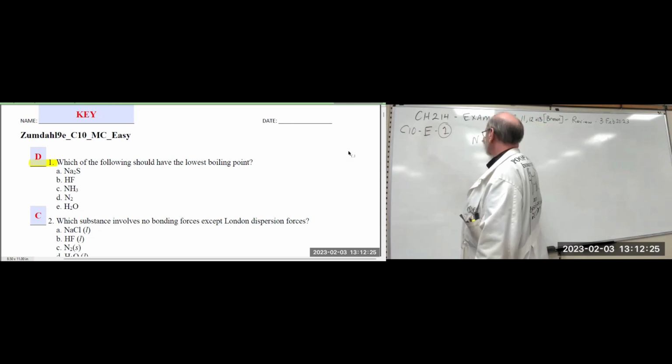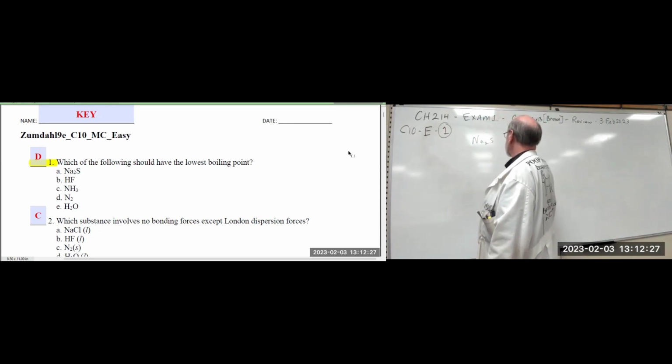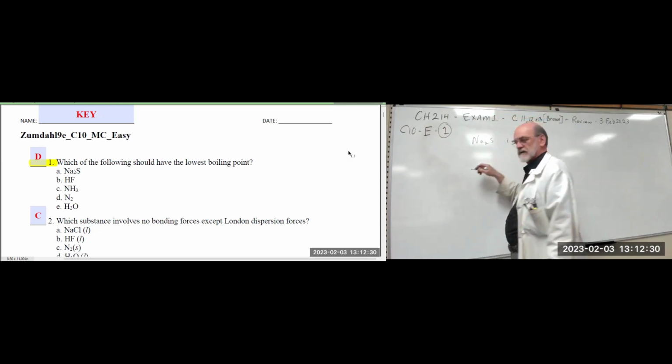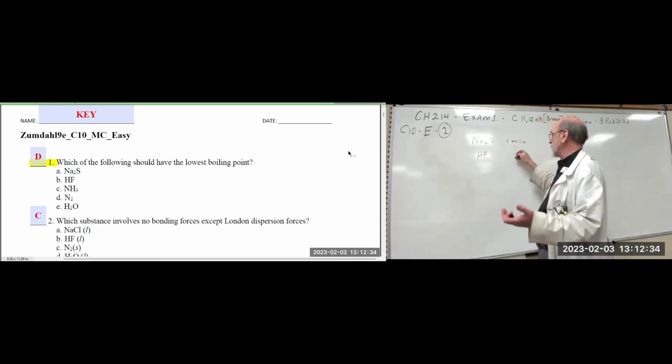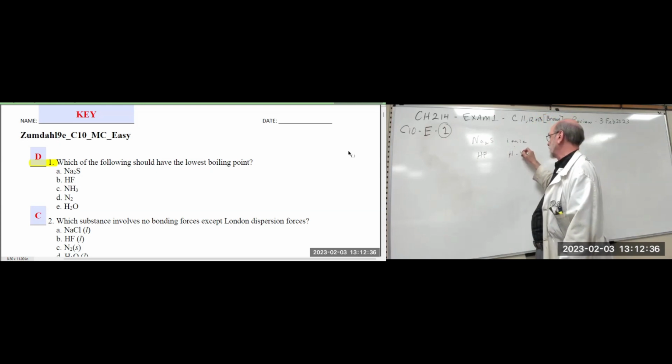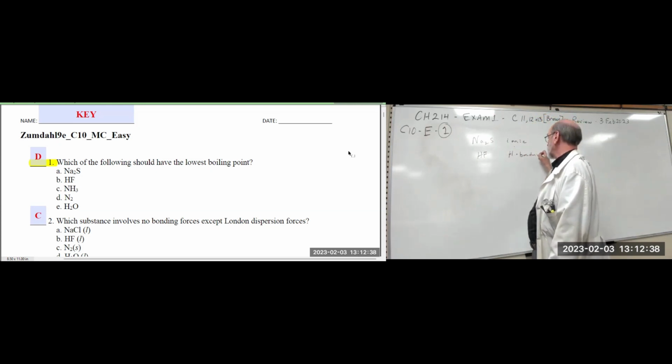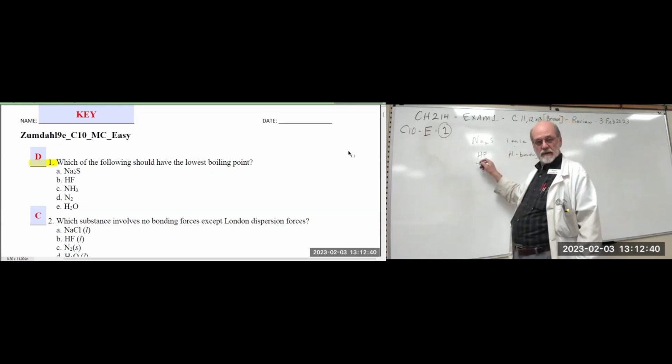So we see that Na2S is bonded by ionics. It's going to have a very high boiling point. HF is bonded to its neighbors by hydrogen bonding. It'll have a relatively high boiling point.